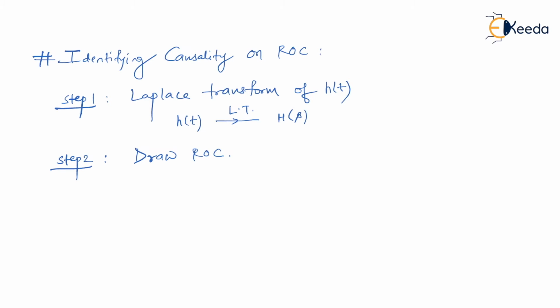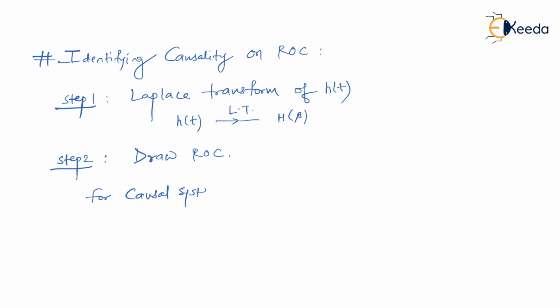Once you draw the ROC, you have to observe it and identify whether the system is causal, anti-causal, or non-causal. So now we are going to see, once the ROC is with you, how to identify whether the system is causal, anti-causal, or non-causal. Let us see.